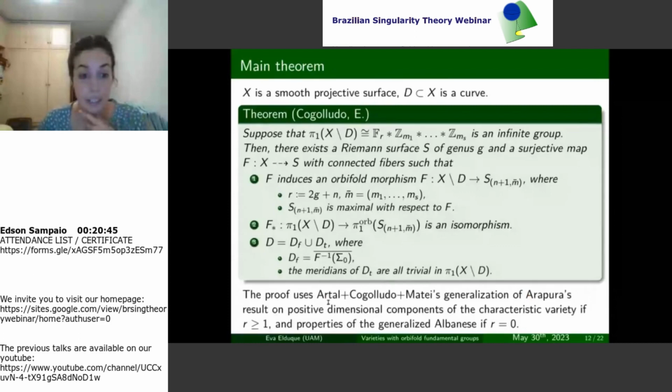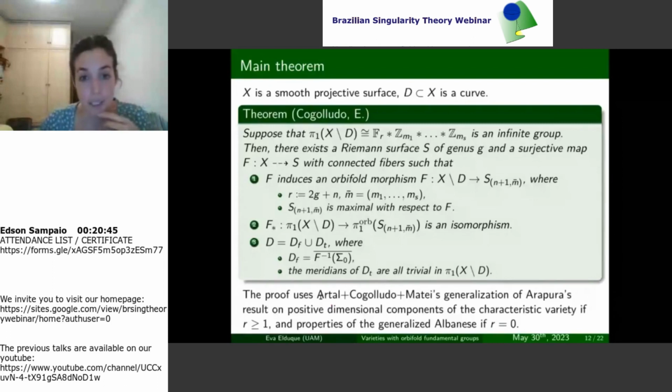And Artal, Cogolludo, and Matei generalized that to positive dimensional components that went through not the identity but torsion points. In that case, they also came from morphisms to a curve, but you needed to put an extra orbifold structure on it.